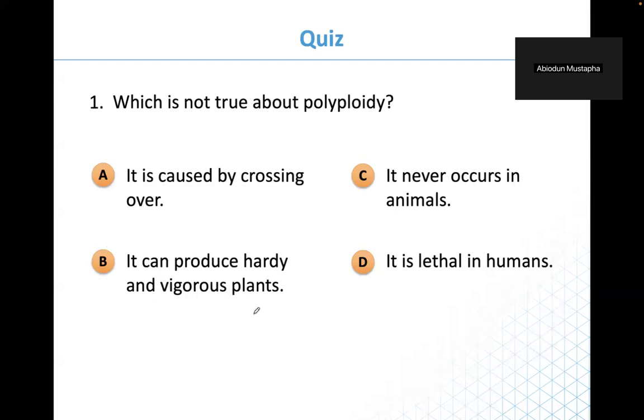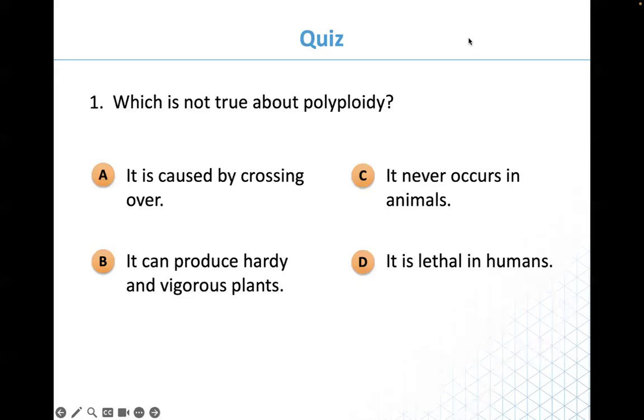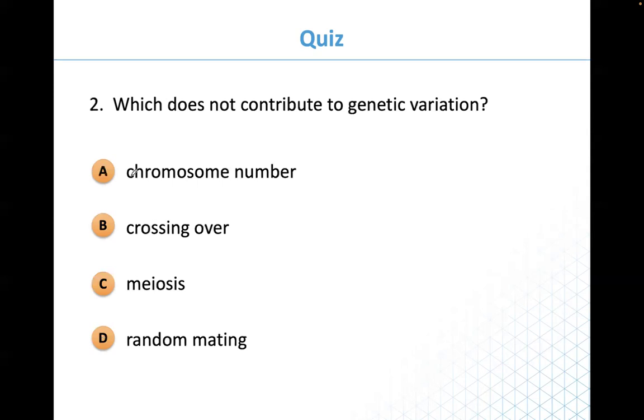So as I was saying, the answer would be it's caused by crossing over. It's not caused by crossing over, which does not contribute to genetic variation here.